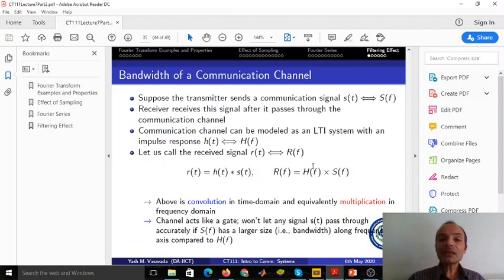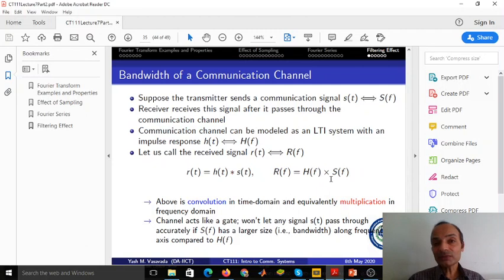Essentially, this capital H of f may act like a gate, like a filter, and the signal will pass through this gate, this communication channel, properly only if the gate is wide enough to allow the entire width of S of f to go through.